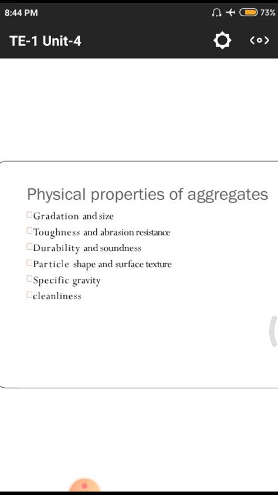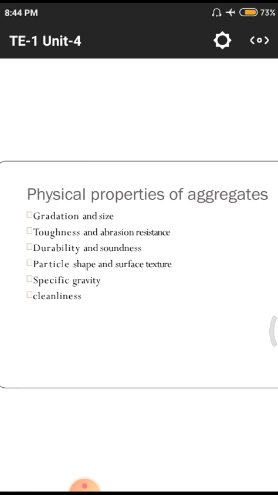If 40 mm grade aggregate is there, each aggregate will have a value of 40 mm size, whether it is length, width or thickness, whatever it may be.